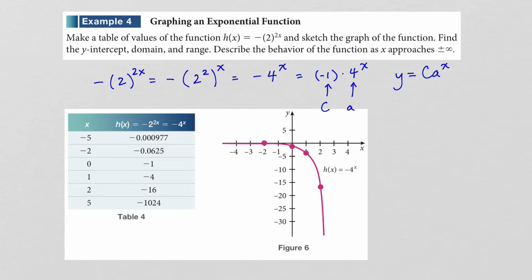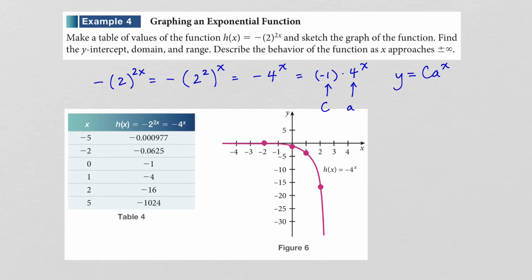Okay, so here is a table with some values here. So if you have a minute, you should take these values of x. You should plug them into this function to make sure that you get the same values. If you plot those points on an x and y coordinate system, you'll notice that, as I mentioned on the previous page, that the graph is coming down like this, right?